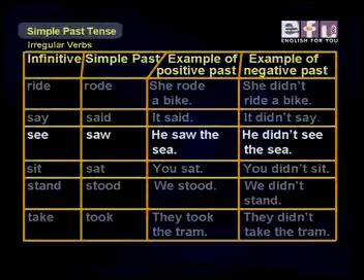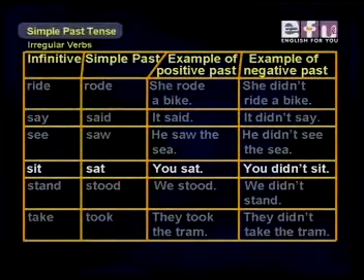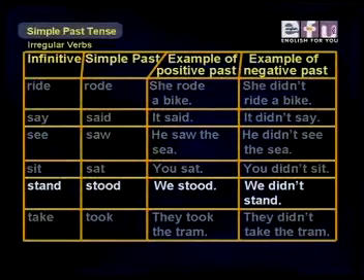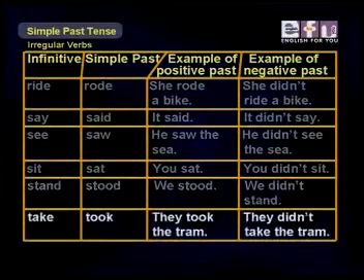He didn't see the sea. Sit, sat. You sat, you didn't sit. Stand, stood. We stood, we didn't stand. Take, took. They took the tram, they didn't take the tram.